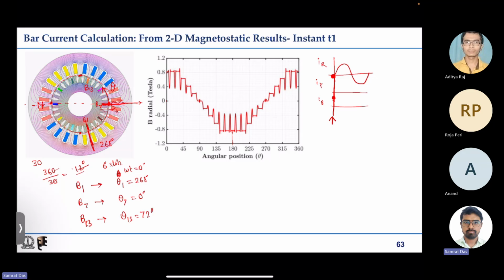Accordingly we can do it for all the rotor bars. So we are looking at the first instant, omega t equal to 0, and we know the angles at which the different bars of the rotor are located. Now what we need to calculate is the flux linkages.